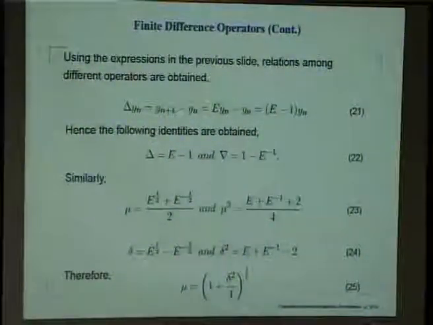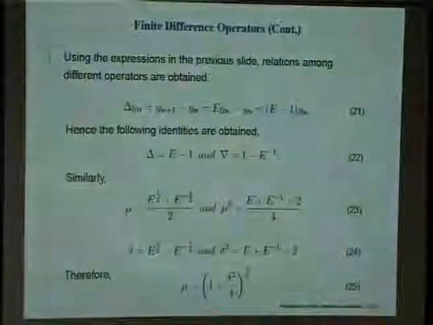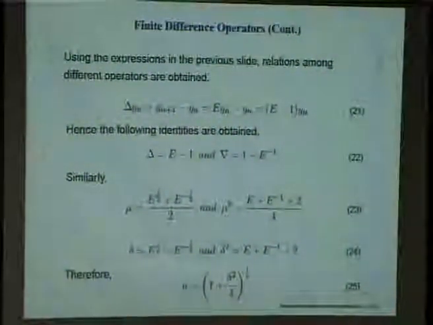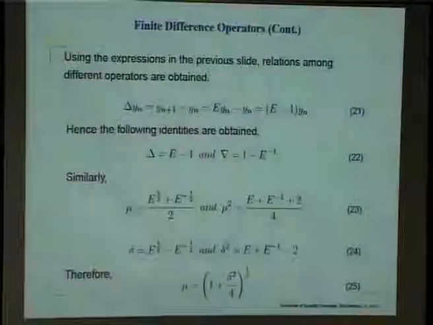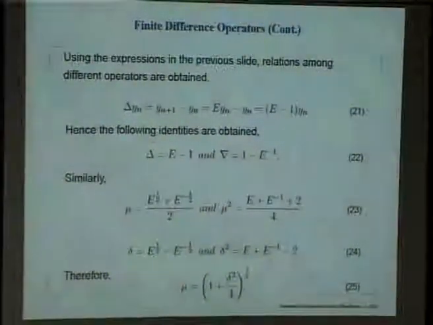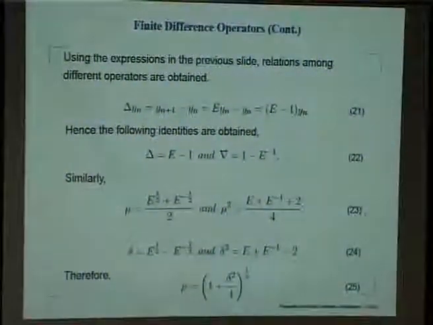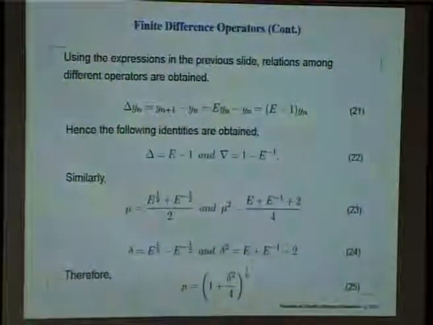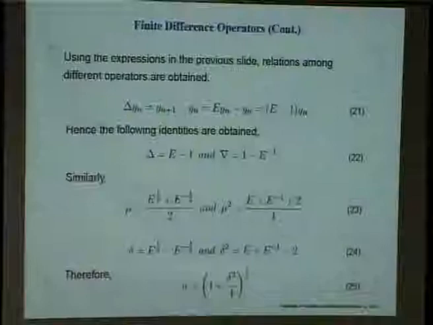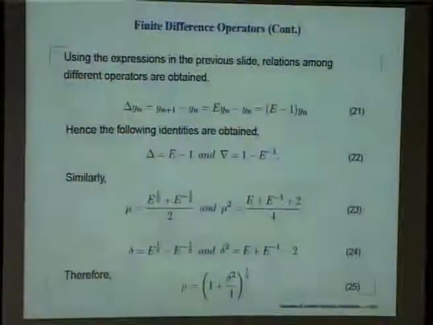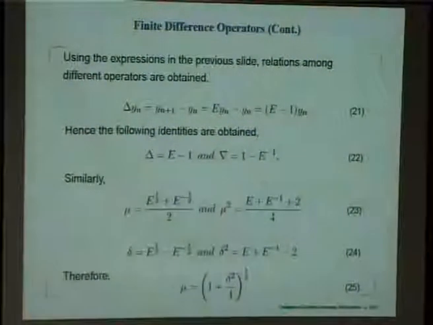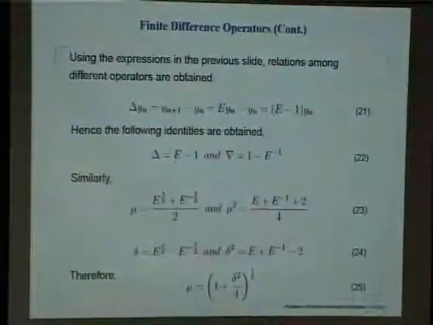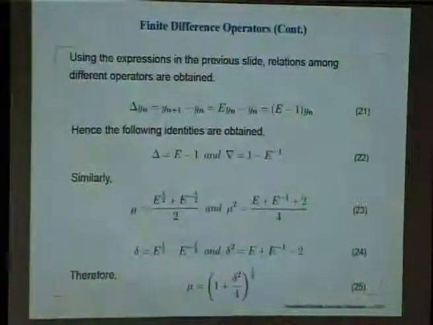So, basically then this forward difference operator operating on y n is equal to nothing but E minus 1 operating on y n. So, delta is E minus 1. So, this is simple. Same way, I could write down the backward difference operator, right. So, this corresponds to y n minus 1. So, that we have written as E inverse y n, and that is what gives us this.